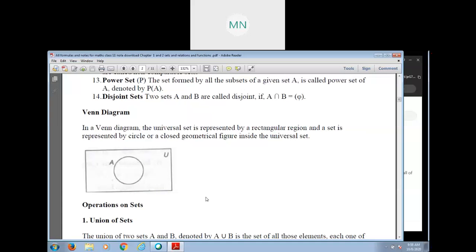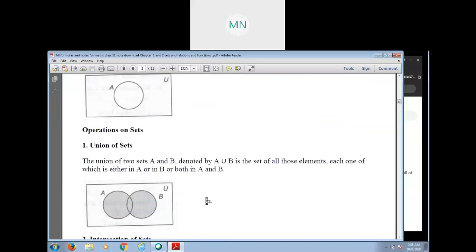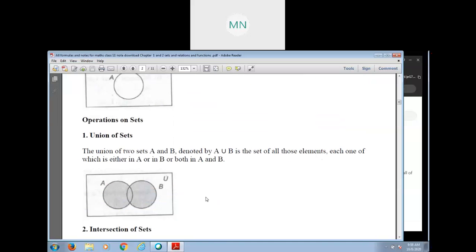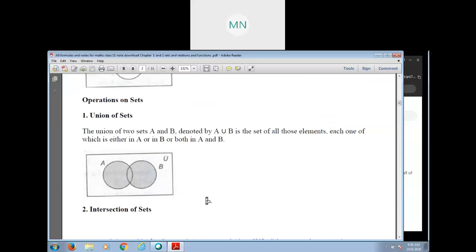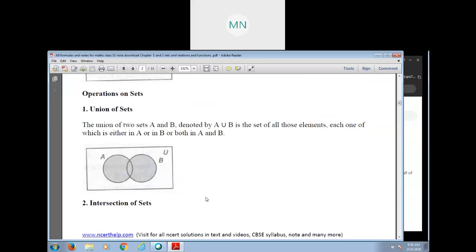And next we discuss operations on sets. The first is union. Union means what? Union of two sets. Suppose you consider A and B. A union B is the set of all elements which are either in A or in B or both.